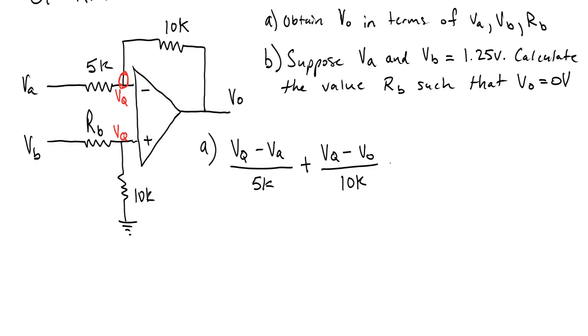And that's going to equal 0. So let's go ahead and group up these voltages in order to get VO by itself and get our first answer, which will be VO in terms of VA, VB, and RB. Okay, so let's group up.